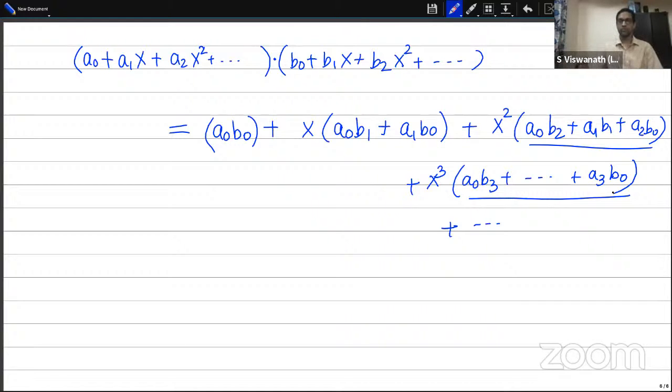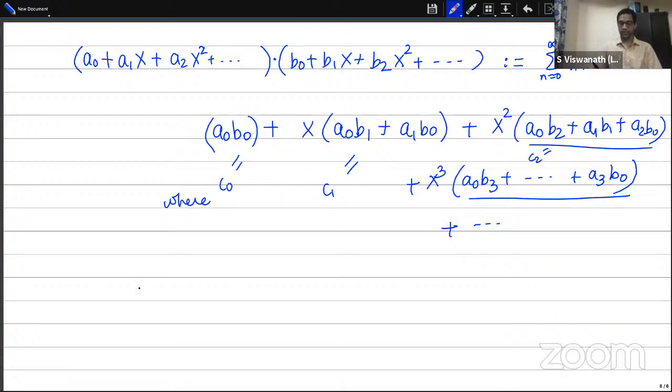I'm giving you a rule to form those elements in terms of the A's and the B's. Of course, it's modeled on how polynomials or our usual analytic power series behave. But at the moment, it's completely formal, in the sense that this product is defined as the following summation Cn x power n, where Cn is defined as follows: C0 is this, C1 is this formula, C2 is this formula, and so on.